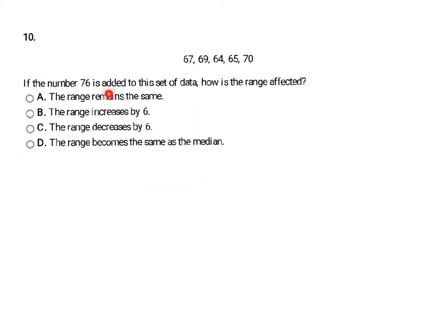This question says if the number 76 is added to the data set, how is my range affected? So first I'm going to find my range before it's added in. So before I added it in, my smallest number is 64 and my biggest number is 70. So for my first range, I'm going to take 70 minus 64, which is 6. And now I'm going to add in that 76.